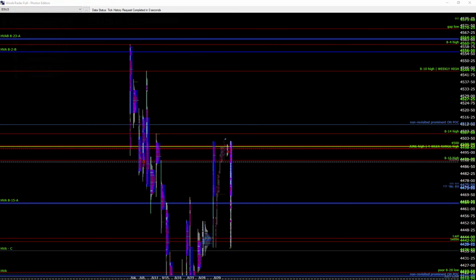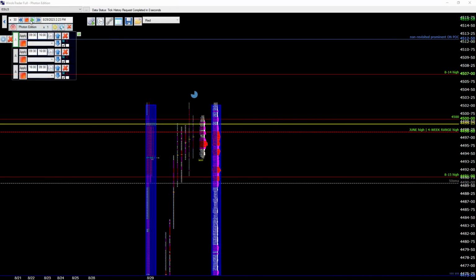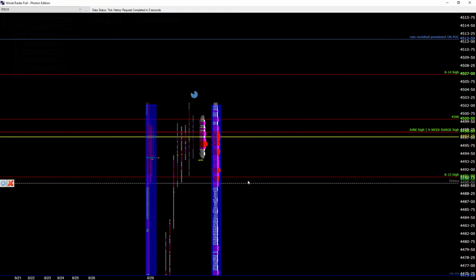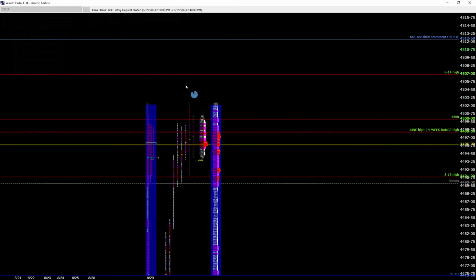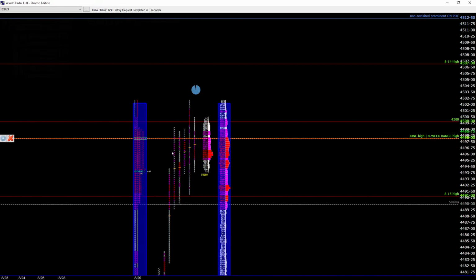Relative to the magnitude of the rally, the volume is very low. I'm not saying the market cannot go higher. I'm trying to characterize, to describe the market here.